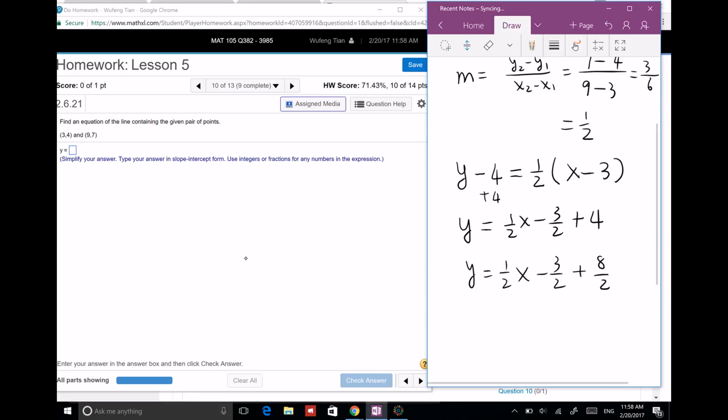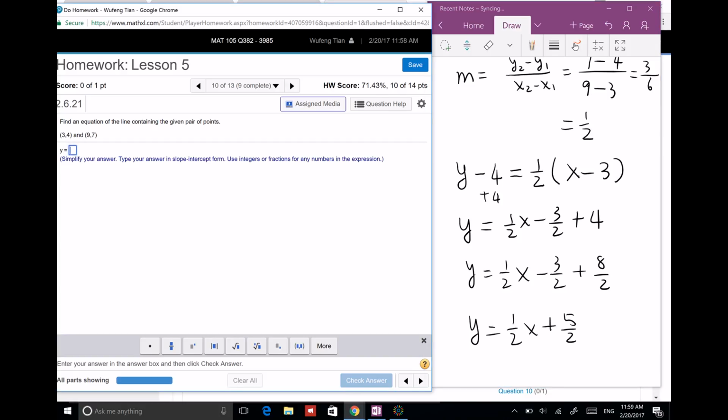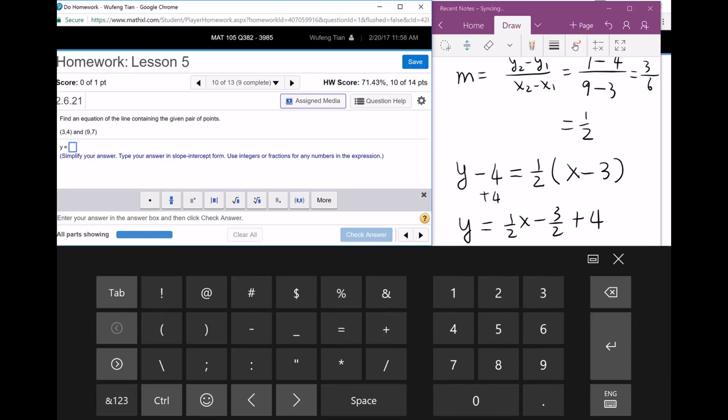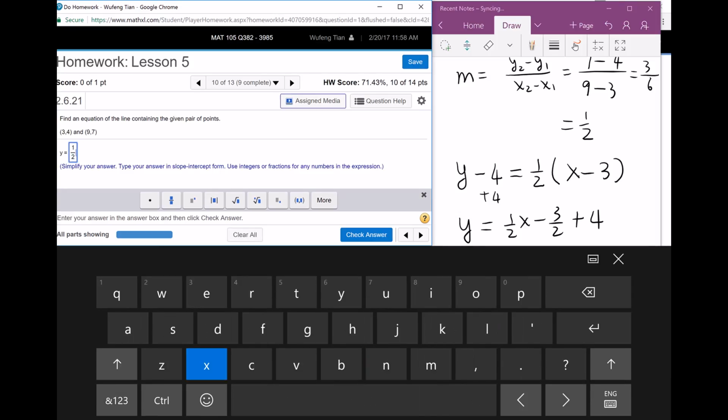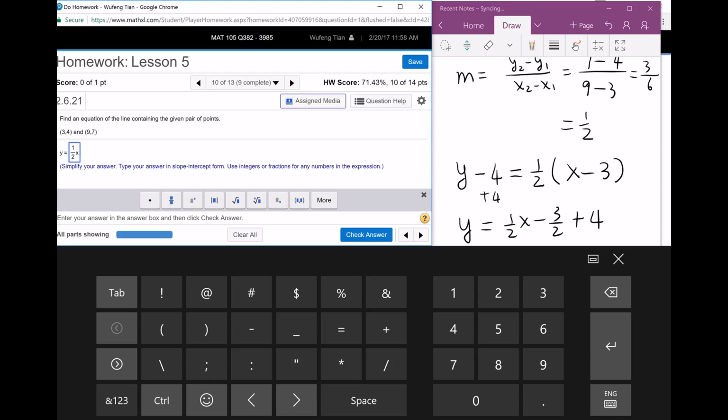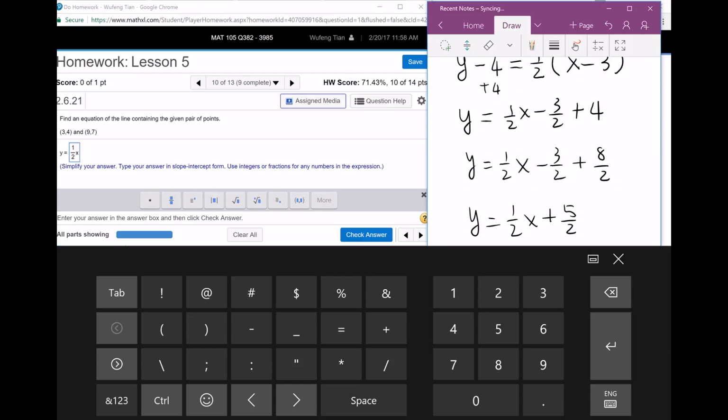Because you have a common denominator, 1/2 x plus 5 over 2. So y equals 1/2 x plus 5 over 2.